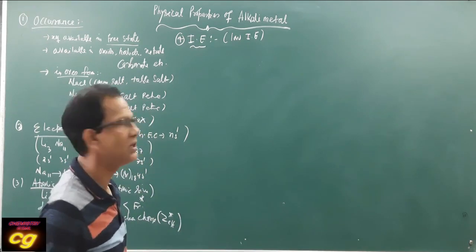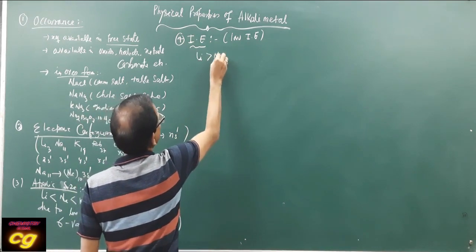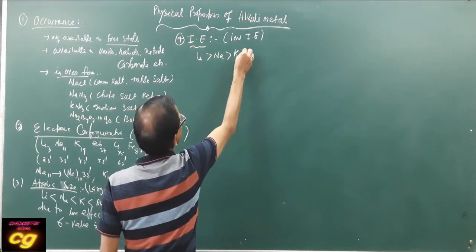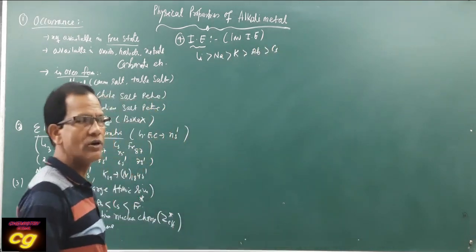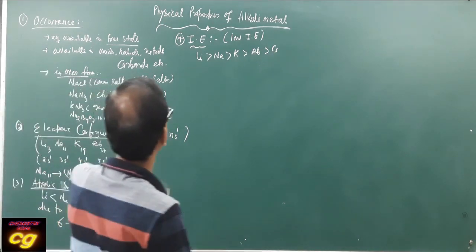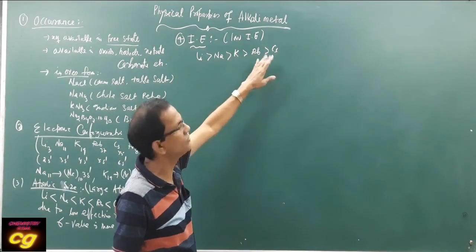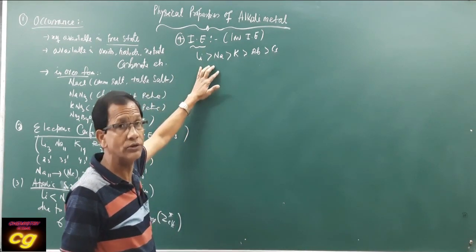If you compare the ionization energy, lithium is greater than sodium, greater than potassium, greater than rubidium, greater than cesium. Francium is not required to be included in this group because of its radioactive nature. So this is the order: lithium, sodium, potassium, rubidium, cesium. This is the ionization energy required to remove the electrons.